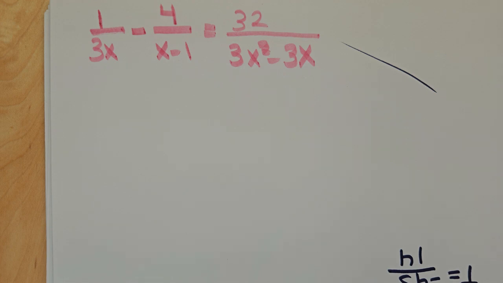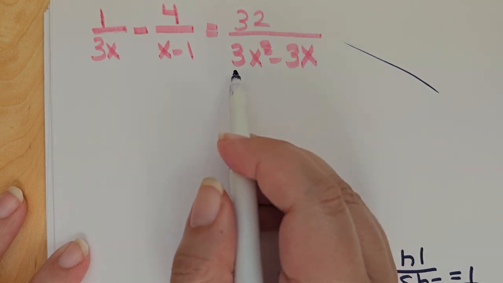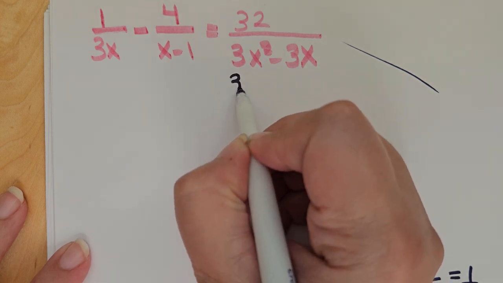How you can proceed is, maybe one way would be doing a common denominator on the left side and doing factorization maybe on the denominator. It depends. So I start by factorizing the denominator.